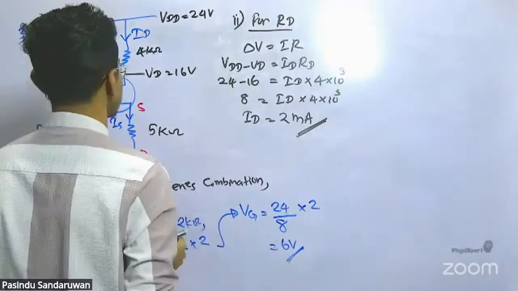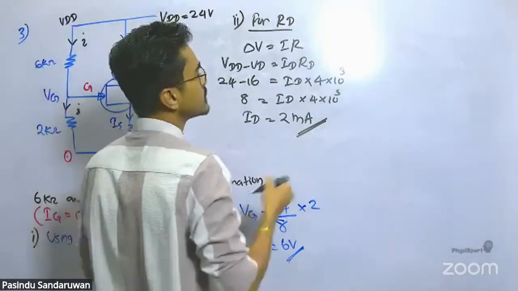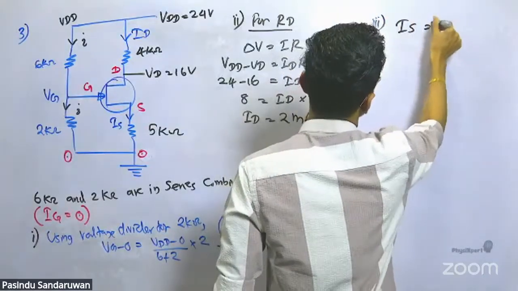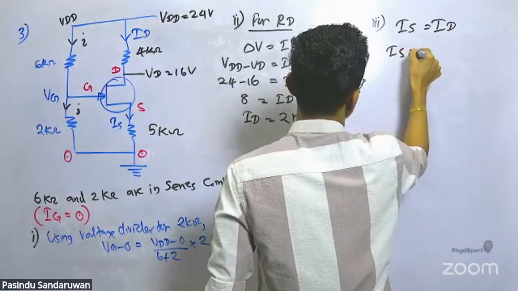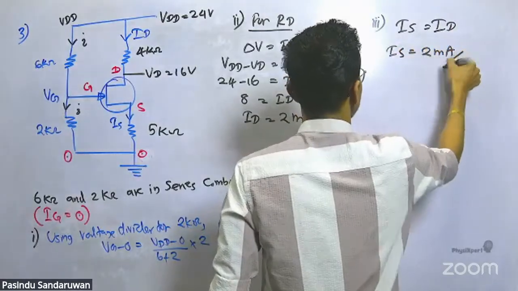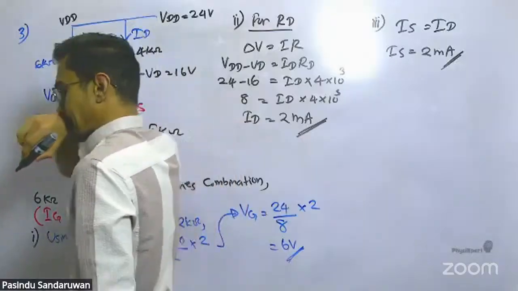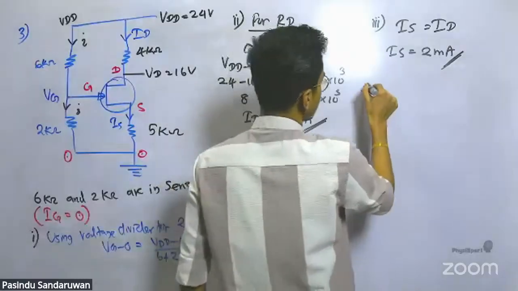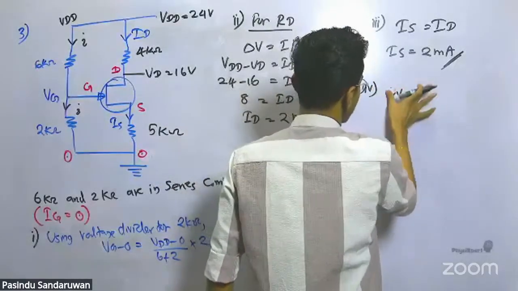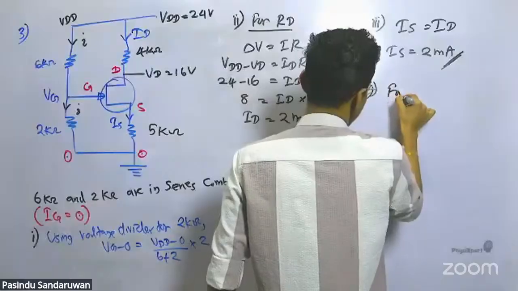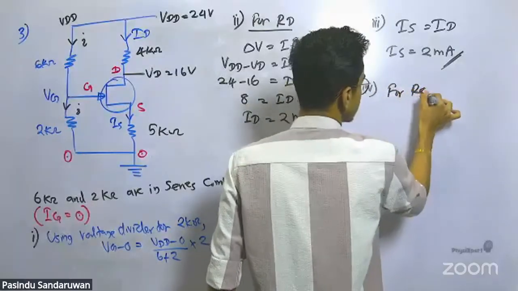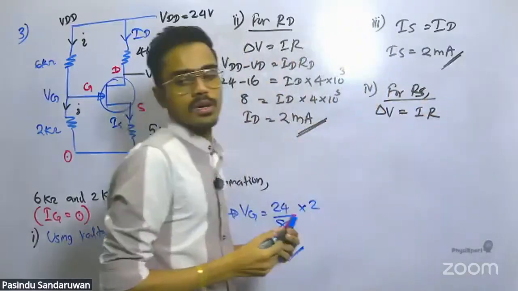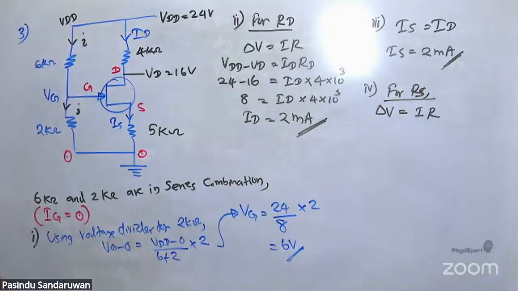Then IS. Nothing to find about IS because IS equals ID, so IS equals 2 milliamperes. VS: to find VS, apply delta V equals IR for RS.